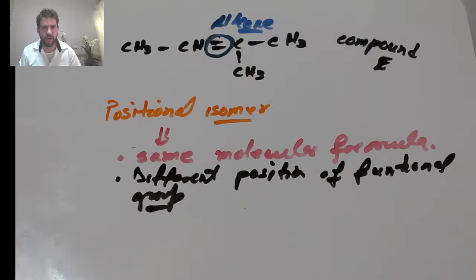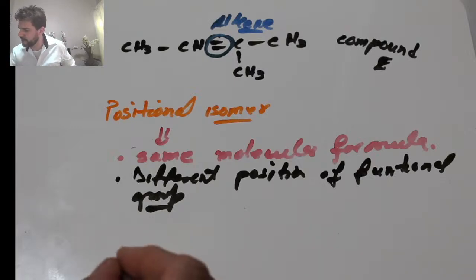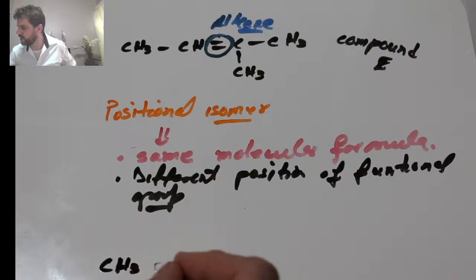And here we have two options. It can either change to the left or to the right. It does not really matter. They don't specify, so either one will be a positional isomer of this specific compound. Okay? So now remember they have the same molecular formula. So let's represent first this part here. We have CH, CH3. We cannot change that one. We have CH.